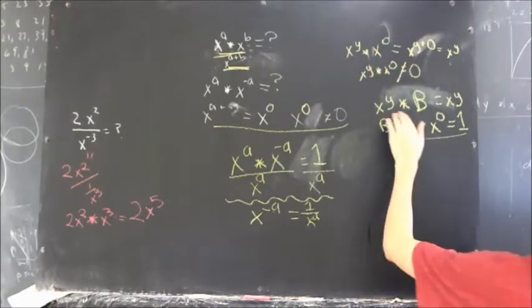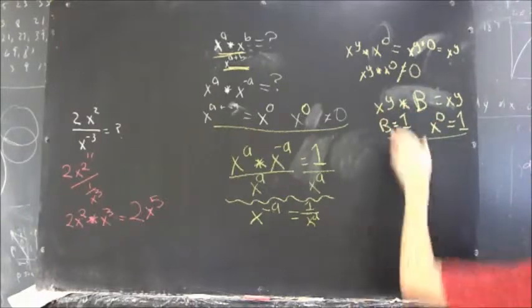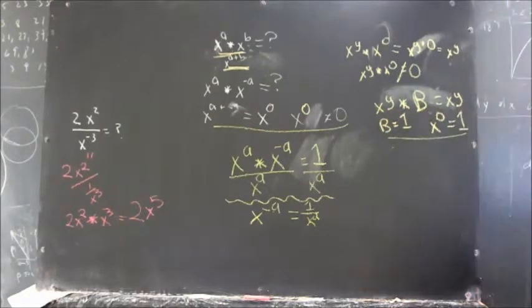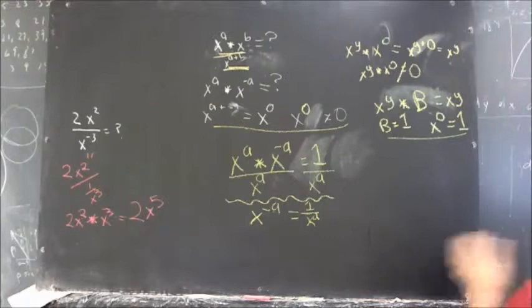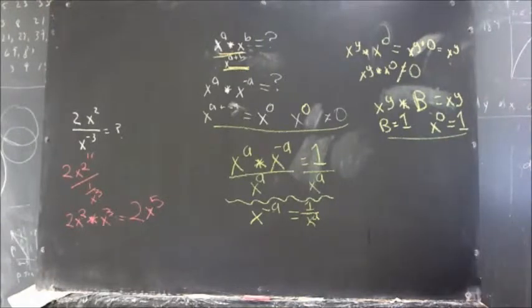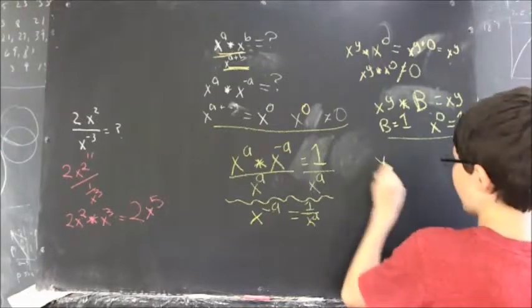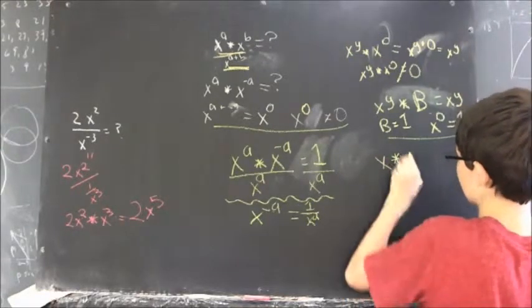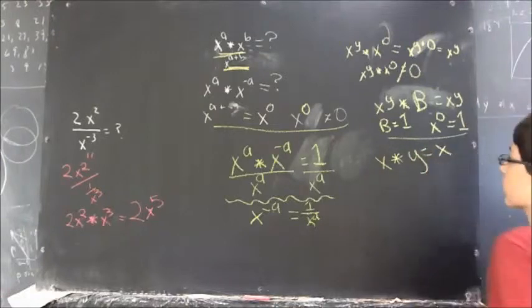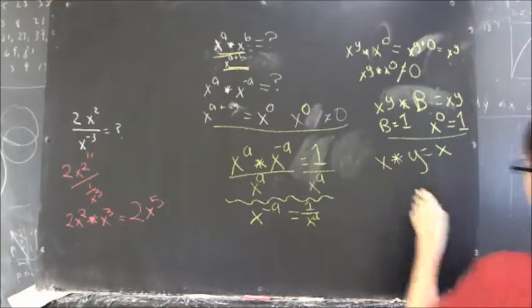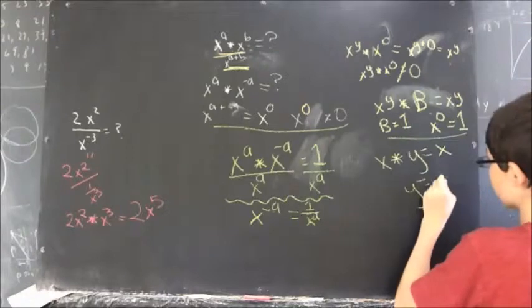So we thought about it for a second, and let's just say, for example, b: x to the y times b equals x to the y. Let me rephrase that. If a variable, for example x, is multiplied by another unknown variable and still equals x itself, so let's just say x times y equals x, we can conclude that y equals 1.